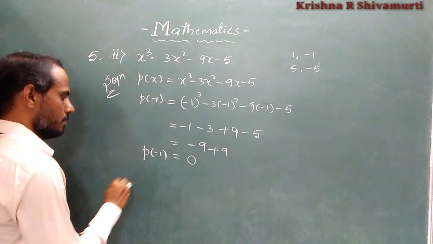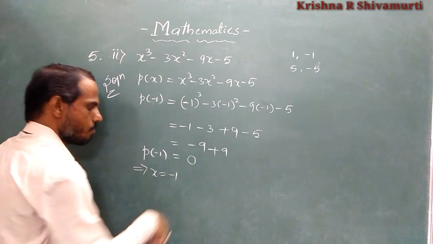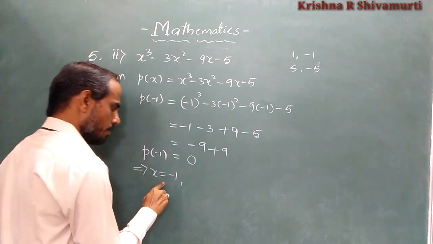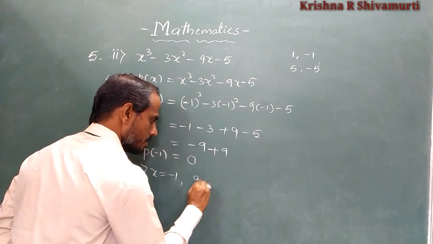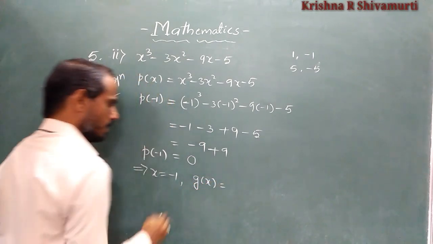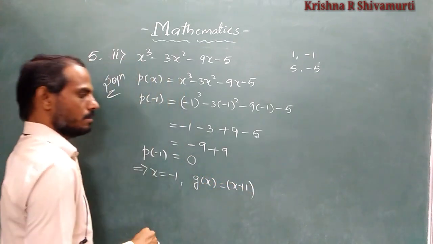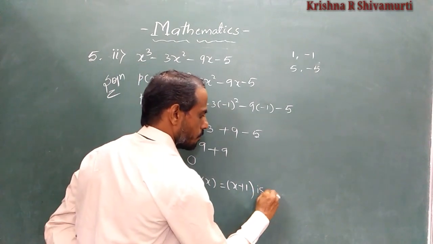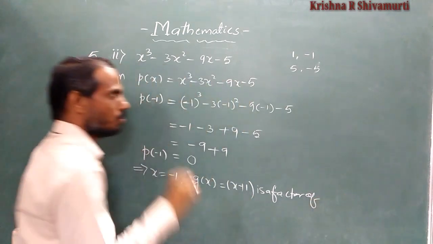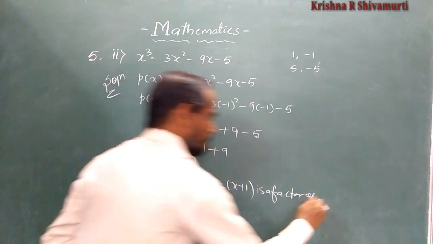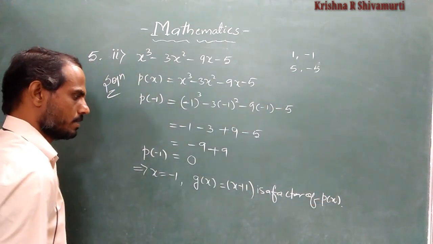It implies that x is equal to minus 1, which means x plus 1 is a factor of P of x.